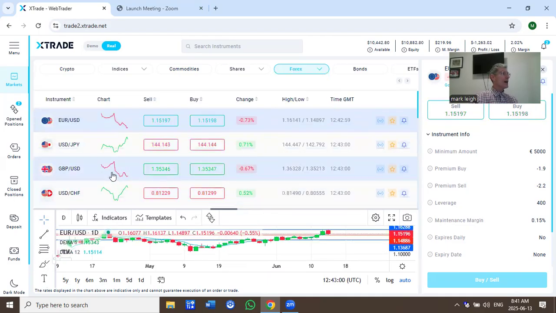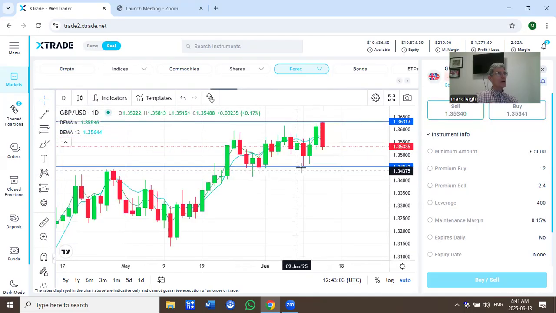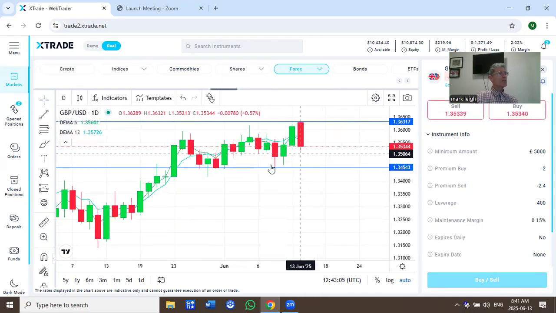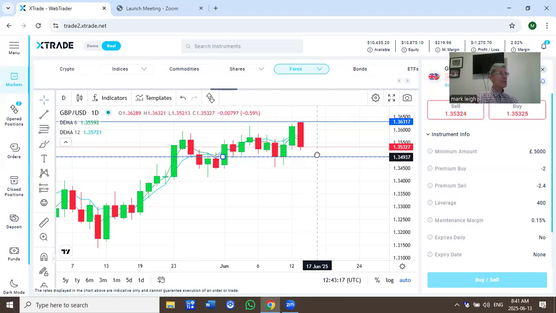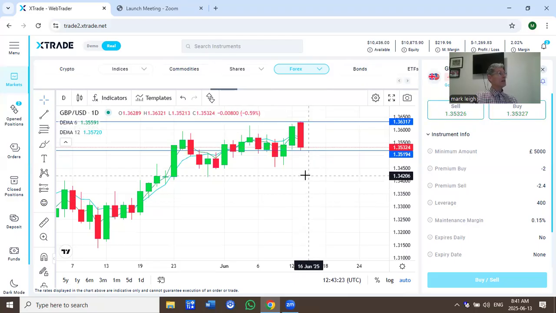Let's have a look at the pound. And there you can see, following the pound's run up to 136.31, we see dollar strength, pound being sold from that resistance all the way down to support sitting right now at 135.19.